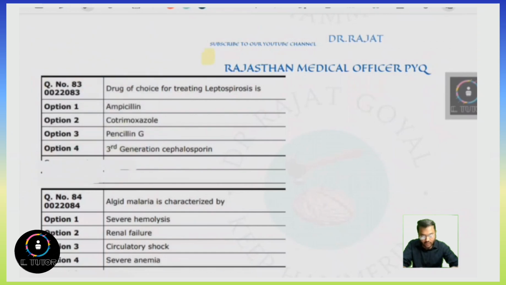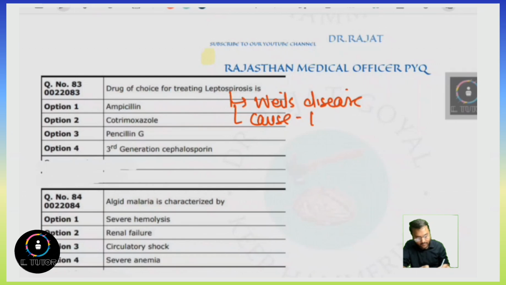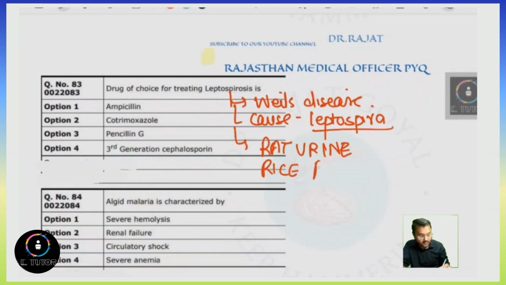Drug of choice for treating leptospirosis. So what is leptospirosis? Leptospirosis is also known as Weil's disease, caused by Leptospira, which is a spirochete, and it is spread through rat urine and rice fields. The drug of choice will be penicillin G. So the answer will be option number 3.